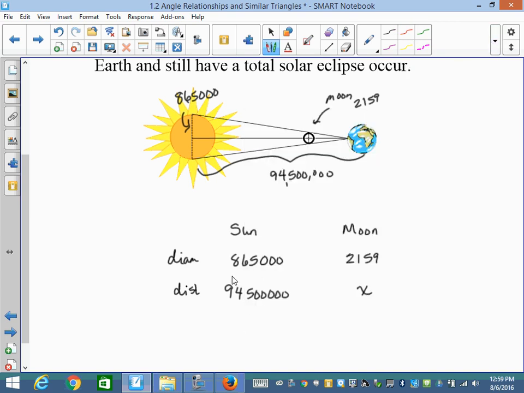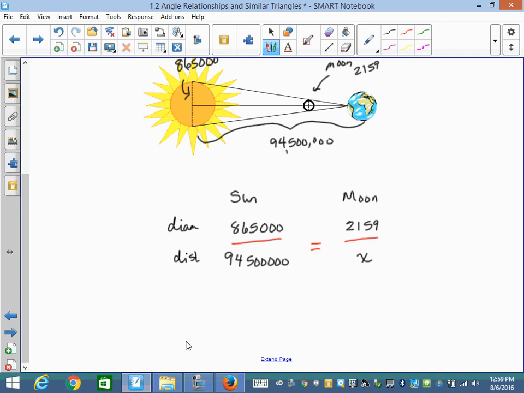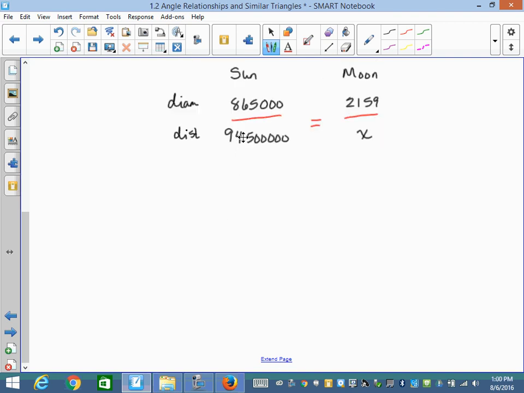Just like before, set up your fraction, and you have an equal sign, and you have your proportion set up. So this over this, you can reduce if you want. I'm going to, because we have a bunch of zeros on this side. I have 3 zeros. I'm going to cross them off with 3 zeros on this one, so I don't have so much to look at.